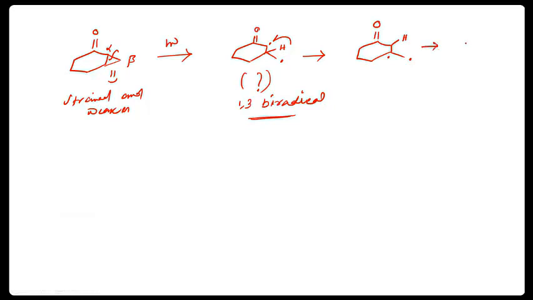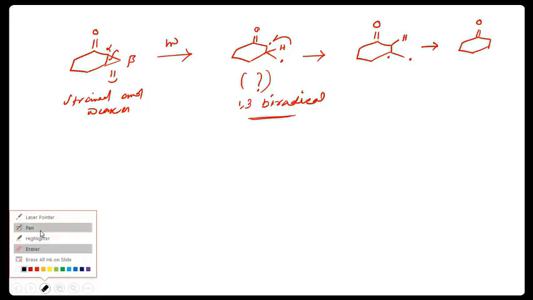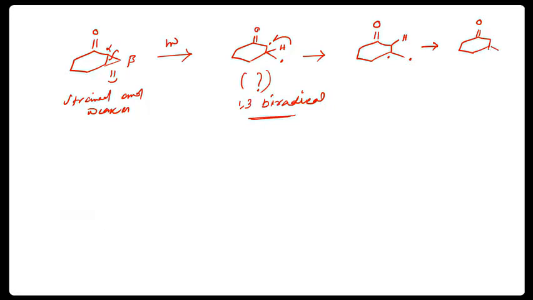It means we will have these things. Now, if this migrates to this carbon, then we will have C double bond O, dot.